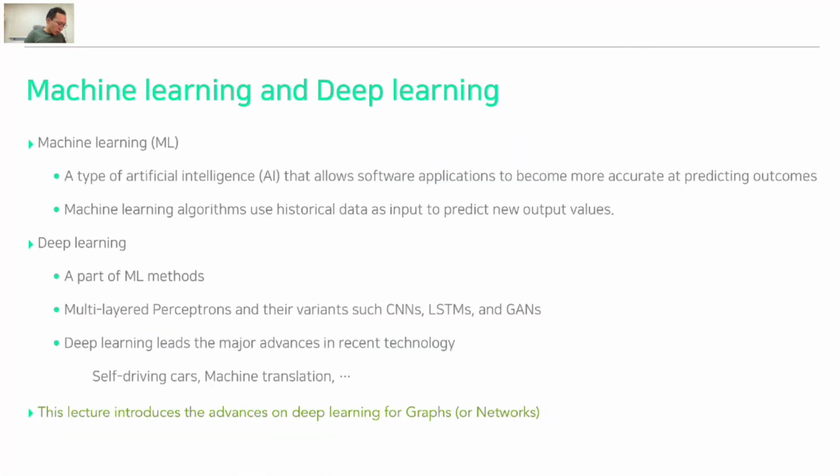So once again, we focus on some advances of deep learning for graph datasets. This is a part of machine learning methods, but I'm pretty sure that even though you deal with natural language or image processing or computer vision, some of your datasets already use the relationship between the data implicitly.